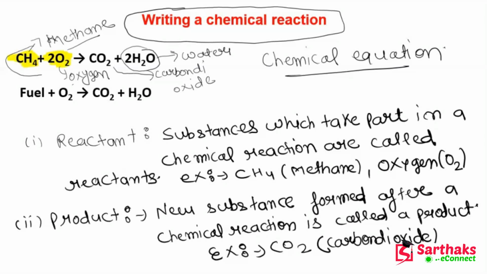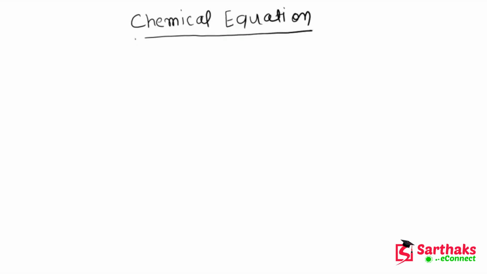Now let's move ahead and talk about how to write a chemical equation, because this is very important. Here on this slide we will study the chemical equation. What is a chemical equation?